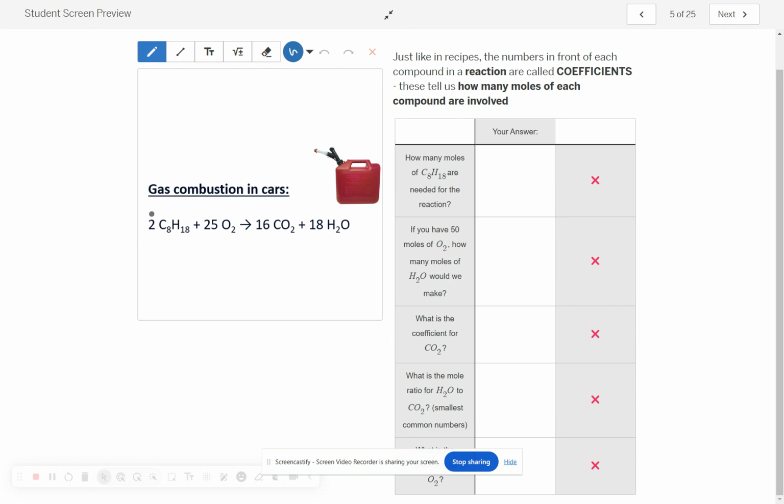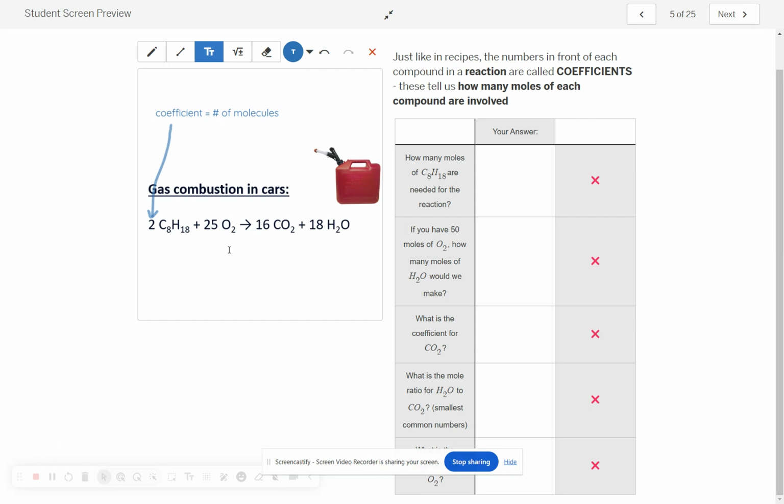So numbers in front, when you see them in front of a molecule or a compound, that tells us the coefficient, and that means the number of molecules or compounds present, okay? In this case, that 2 tells us that there are 2 C8H18s, and then there's a 25 that tells us there are 25 oxygen or O2 molecules.